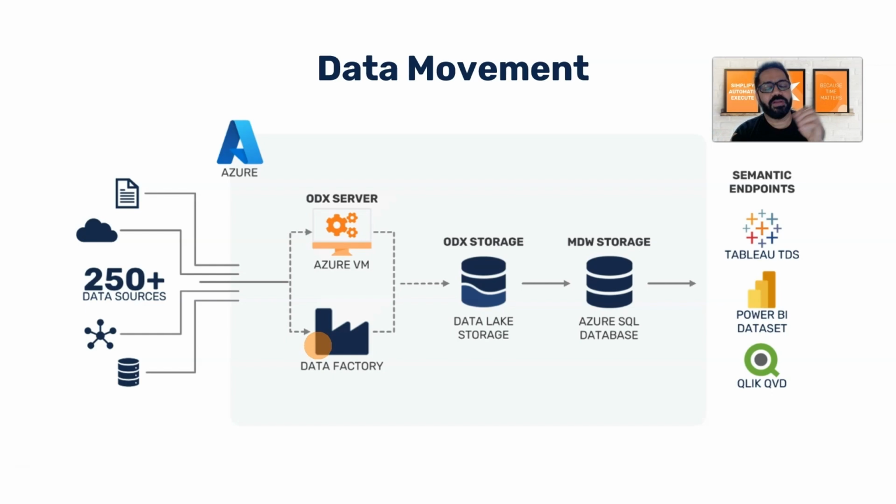By default, TimeXtender will use the VM resources, the app server VM resources, to transfer the data. But you can also configure ADF to do this job of transferring data from the source to the destination.